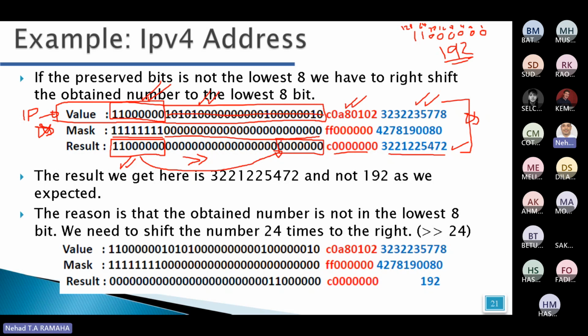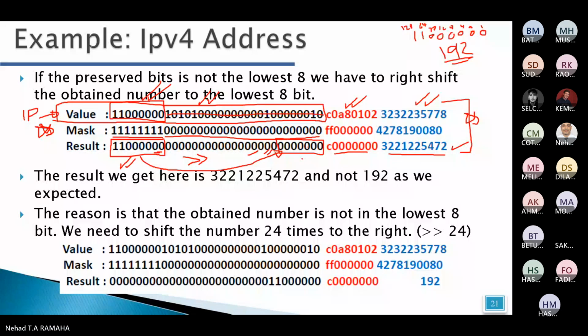So how much is the shift? How many digits do we have here? Okay, it's 32 minus this 8 digits. So we have to shift 24 digits. Each one will be shifted 24 digits.